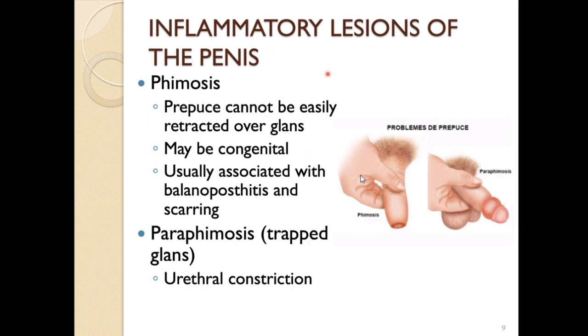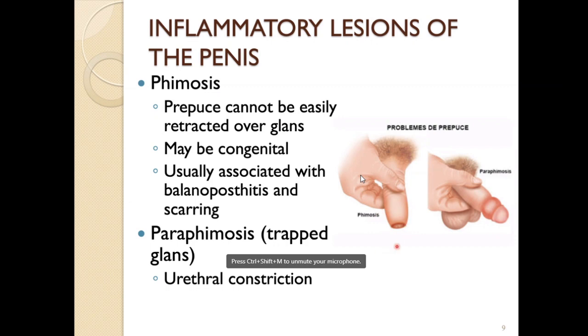Other inflammatory lesions of the penis are phimosis and paraphimosis. You will see most of these diseases in district hospitals. Paraphimosis, phimosis, EPISPADIAS, and HYPOSPADIAS, you will see many of them, and these may be indications for circumcision. We talk about phimosis when the prepuce cannot be easily retracted over the glans.